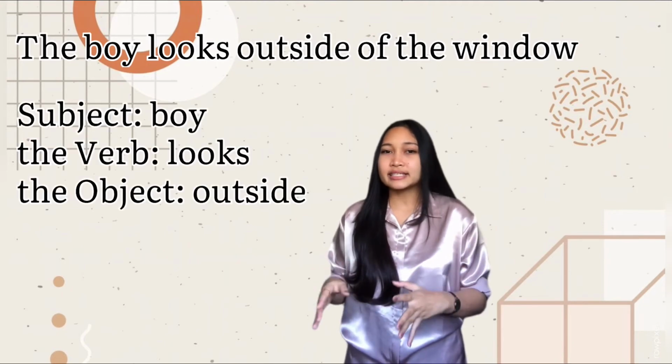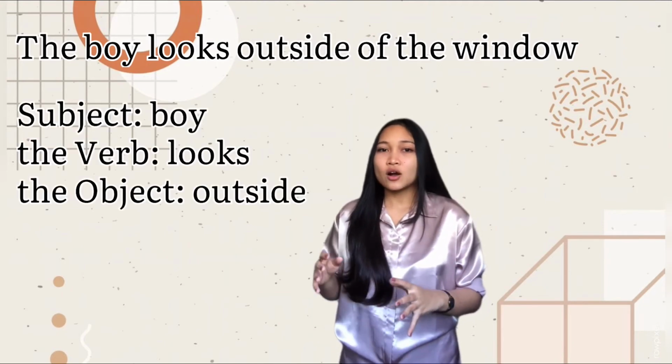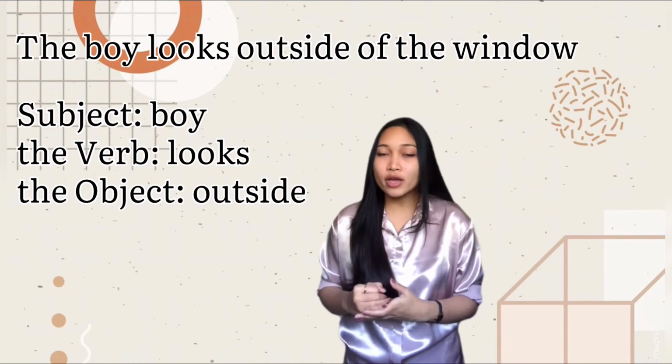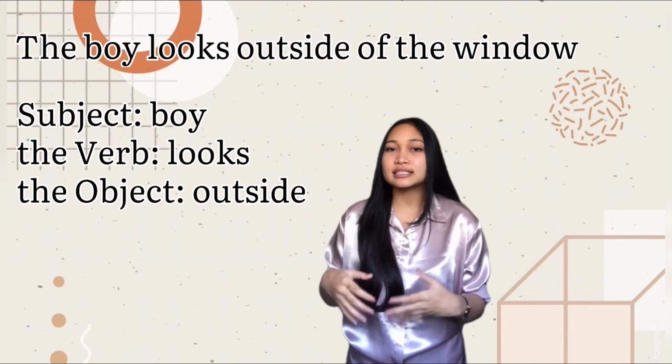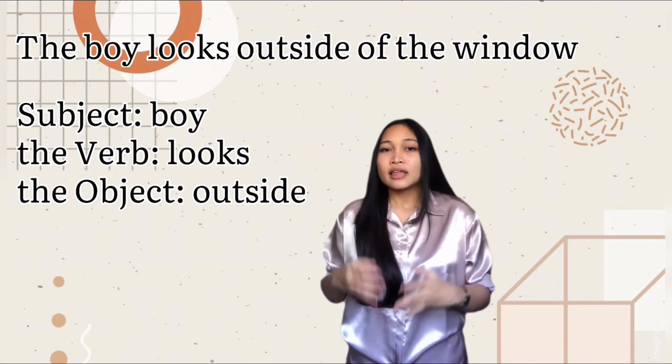Okay, in this example sentence, we have the subject boy, the verb looks, and the object is outside. This image is of an English grammar syntax tree used by linguists to plot the structure of sentences.